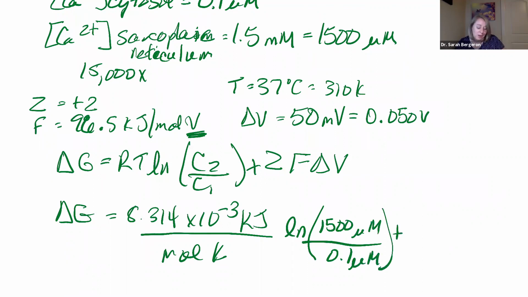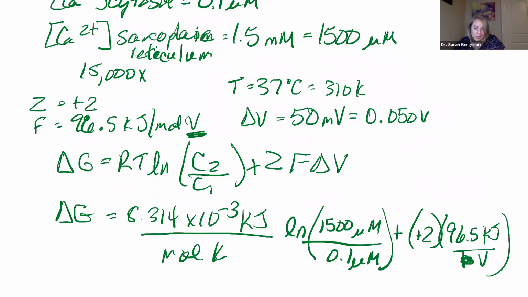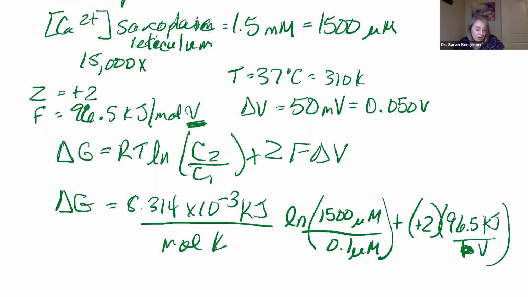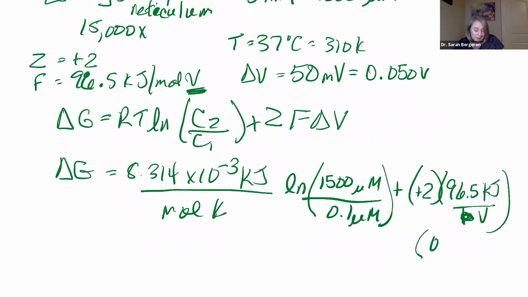That's crazy. So plus 2 is our charge, Faraday's is 96.5 kilojoules per mole per volt, and then we have our membrane potential, times 0.50 volts, right?